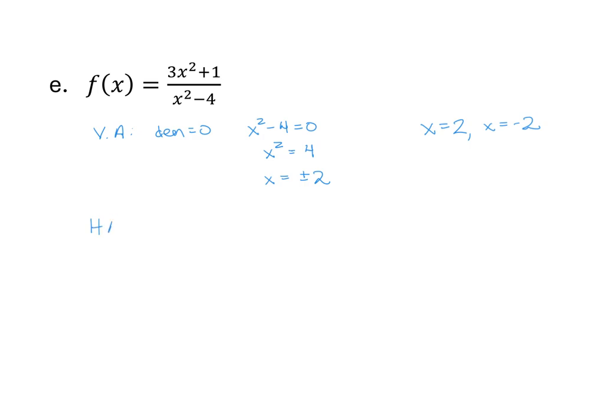All right, for our horizontal asymptote, we want to look at the leading terms. And if we do this, we get 3x squared over x squared. And we can go ahead and simplify. If we simplify this, we get y equals 3.